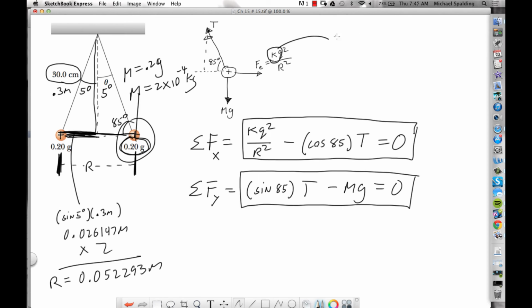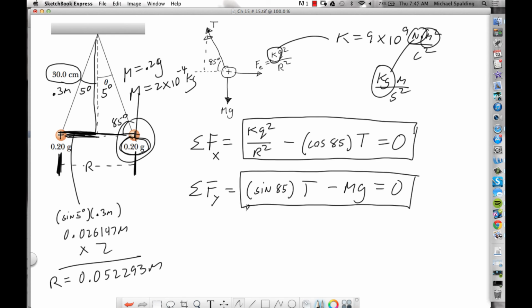Because look, what is k? k is 9 times 10 to the 9th newton meter squared over coulomb squared. What is a newton? A newton is a kilogram meter per second squared. So you've got to be in kilograms because that's what the constant uses, right? Notice what else the constant is using? Meters, which is why we had to convert centimeters into meters.